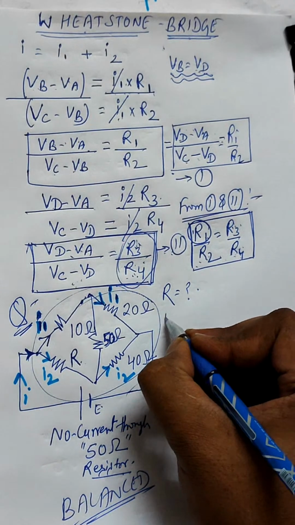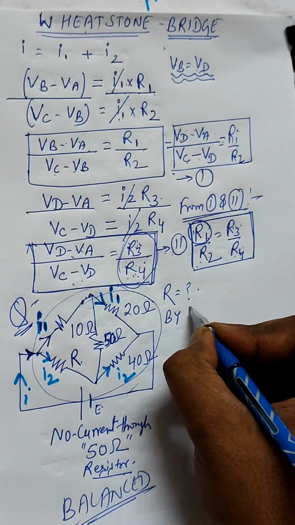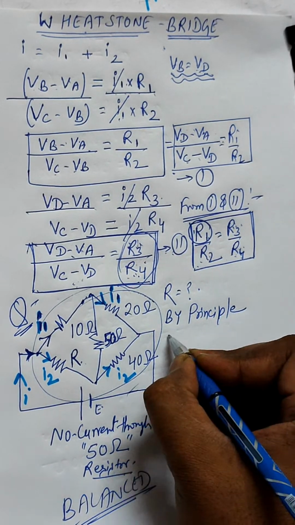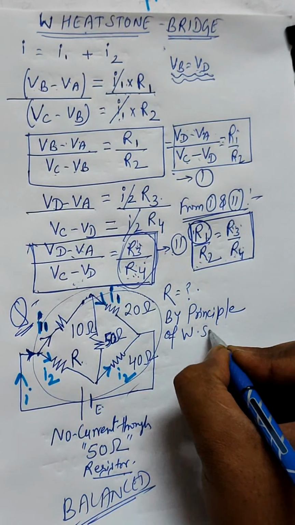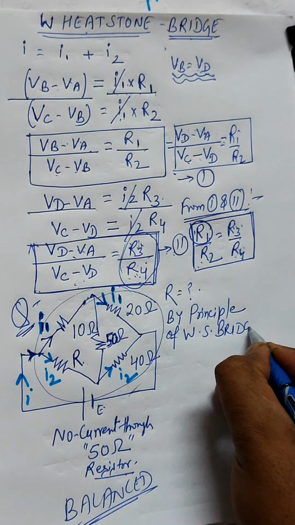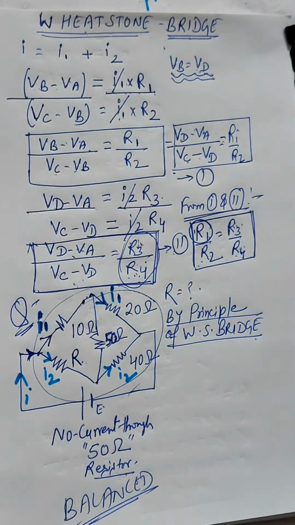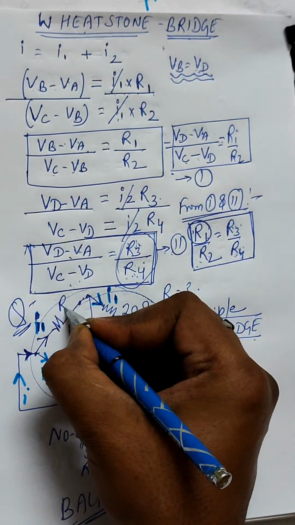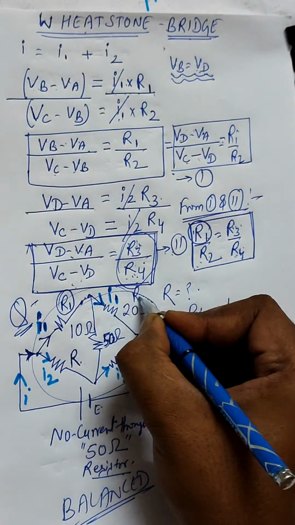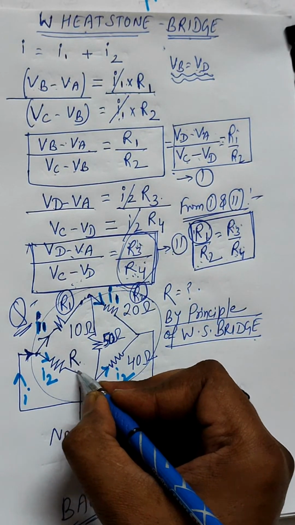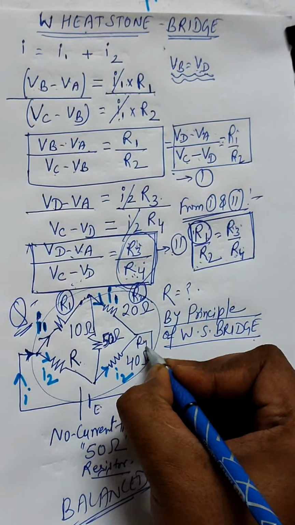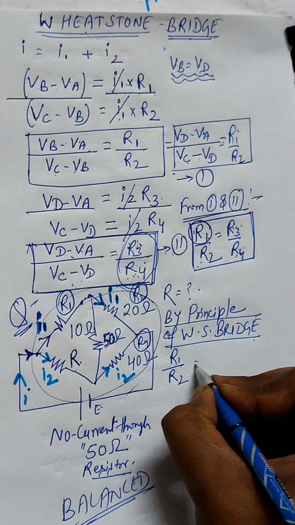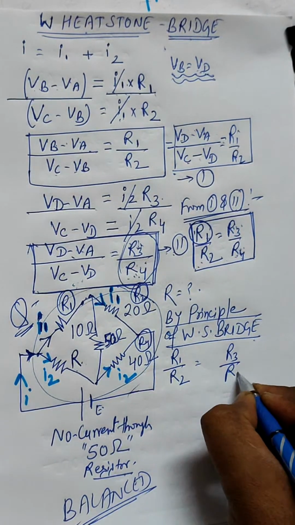Here, by the principle of the Wheatstone bridge, R1 by R2 is equal to R3 by R4, where this is R1, this is R2, this is R3, and this is R4, right?